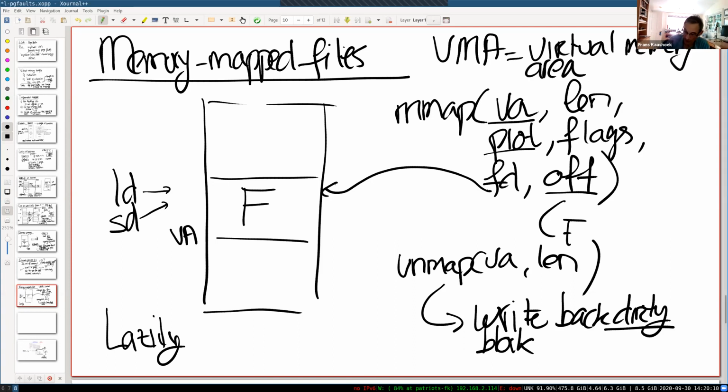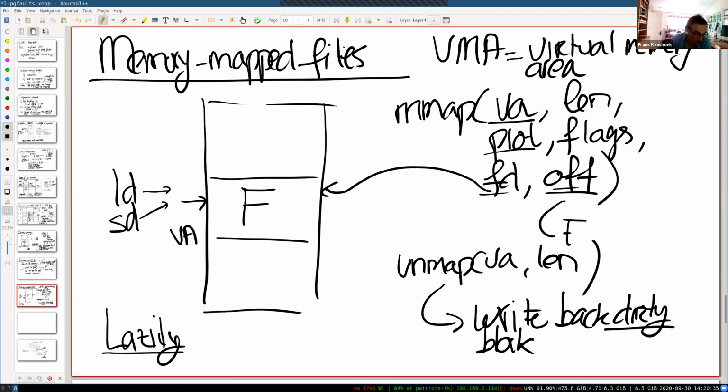For this file F, that would be one VMA, and in it we record the file descriptor, the offset, etc., where the actual content of that memory lives. When we get a page fault for an address in this VMA, the kernel can read it from disk and bring it into memory.